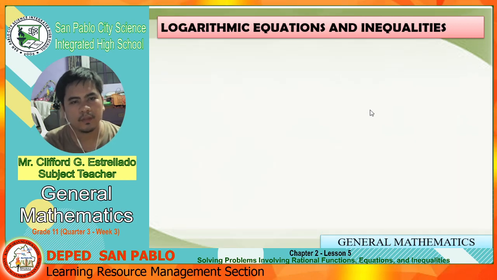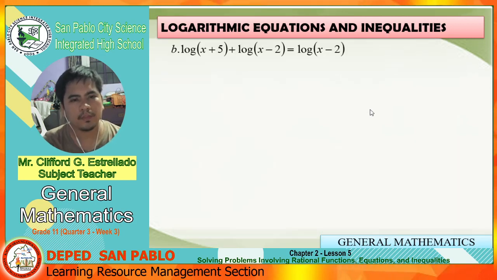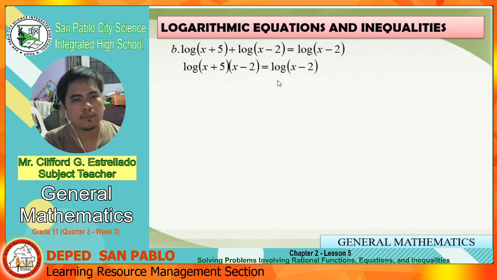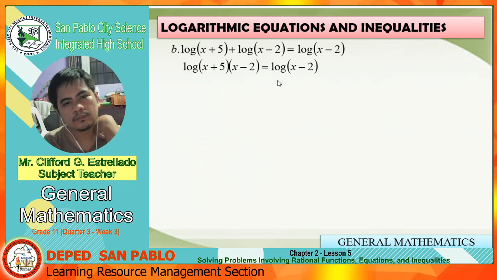Okay? Next, letter B, logarithm of quantity x plus 5 plus logarithm of quantity x minus 2 is equal to logarithm of quantity x minus 2. So, let us make this as a single fraction. Okay.